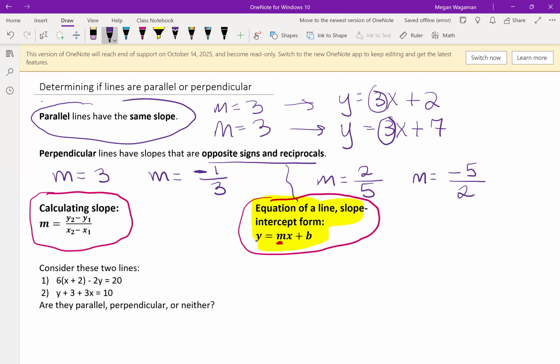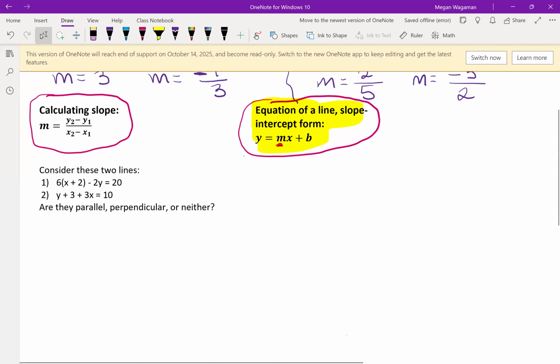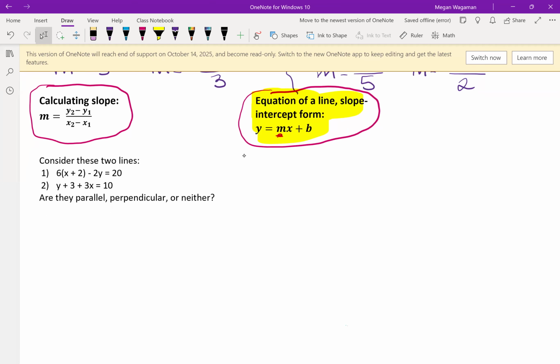So I have these two equations that are not yet in y equals mx plus b form. But if we can get them into that form, then we can more readily compare their slopes. So let's start with equation 1 here, and I'm just going to rewrite the whole thing: 6 times parentheses x plus 2, minus 2y equals 20.